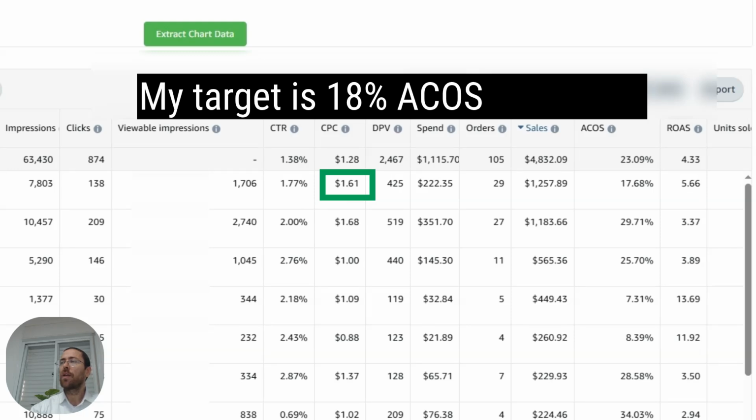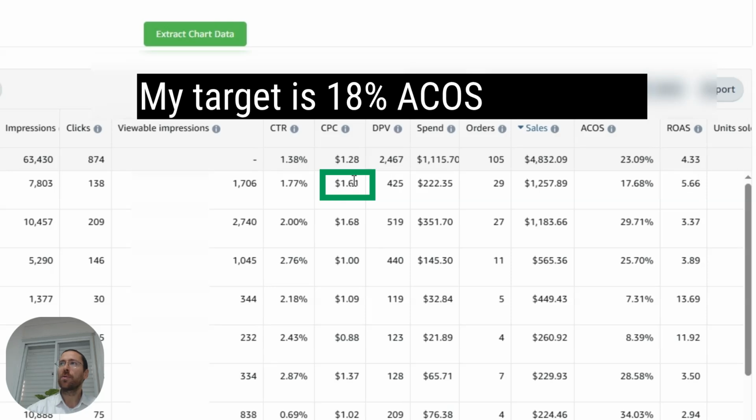So if I have, let's say, a 30% or 35% ACOS over here, because that's what the ad is getting, I need to figure, if I want to get this down to about 20%, I'll need roughly the cost per click to be a half. This is just rough math to make things simple.